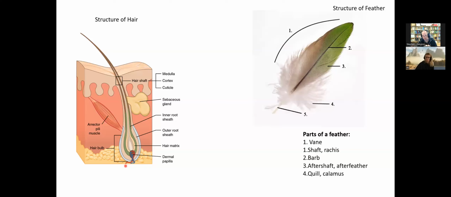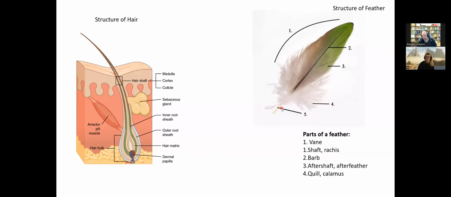This is different from that of feathers. Feathers, shown here on the right, in the structure of a feather. Feathers, of course, have this vein and then a shaft, and then a barb, after the shaft, the quill, and so on.